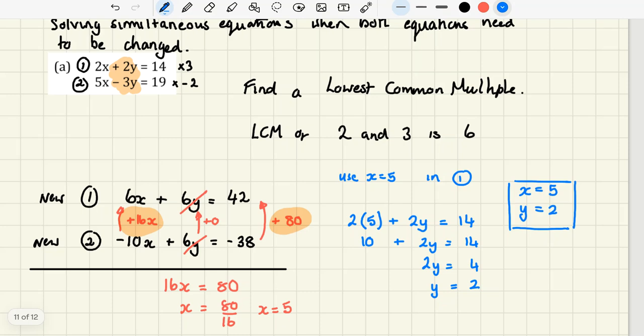Well, the y number would work for this one, but it won't work for the other. So we should just check, like I say, mentally. What's 5 times 5? 25. 25 minus 3 times 2 is 6. Does that equal 19? Yes. Yeah, I'm good. I've checked in the other one, so I'm happy that I didn't make a mistake.